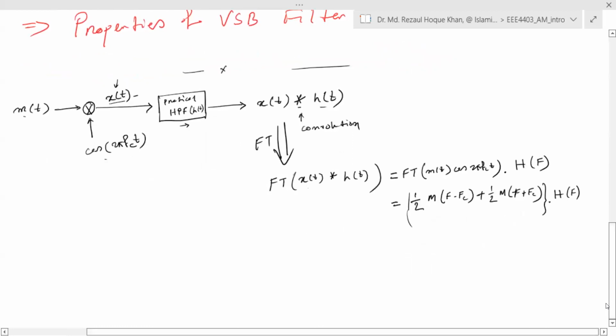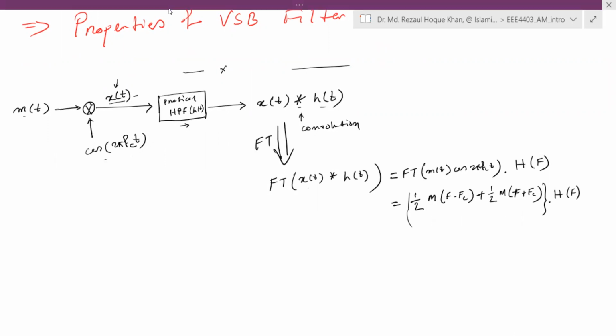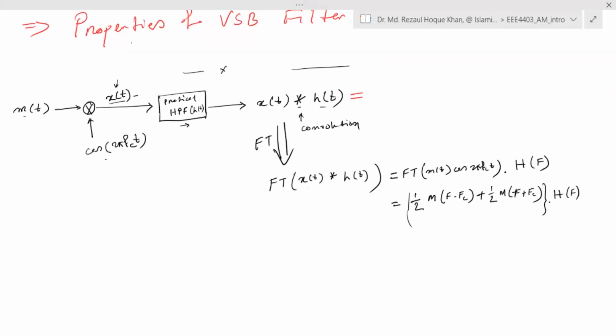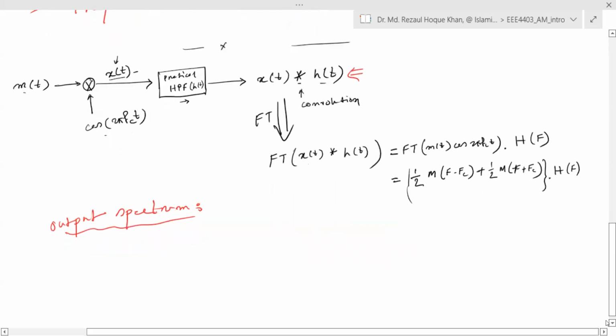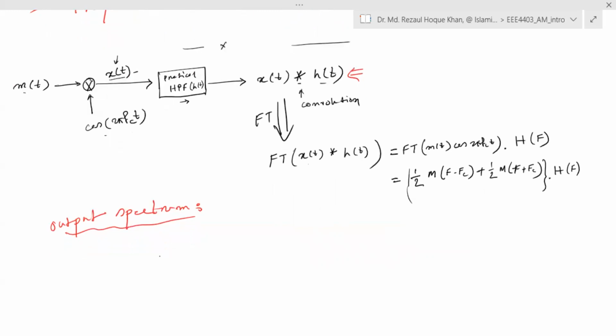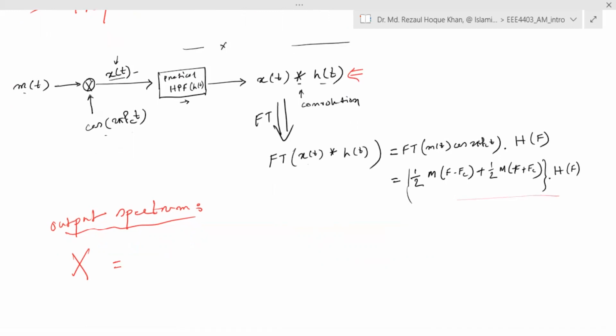Right? So what is the output spectrum here? The output of this modulator, say the output spectrum X, is nothing but this multiplication.